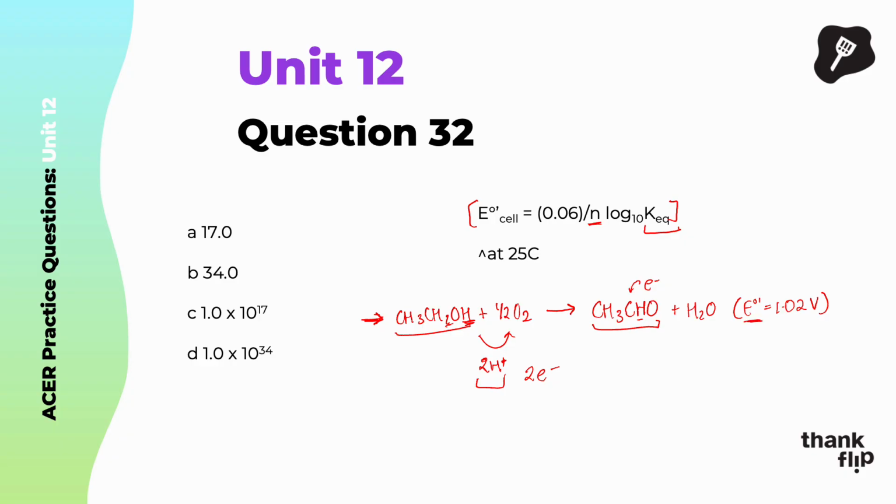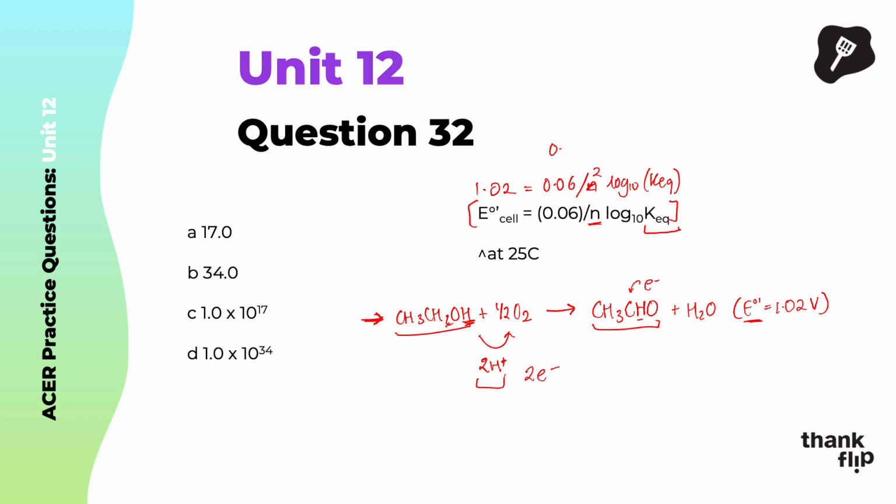So we're already given this value here. So we're given 1.02 is equal to 0.06 over n, times log 10, and we need to find out what KEQ is. All right, so I'm going to start off by putting in 2 here for our n.